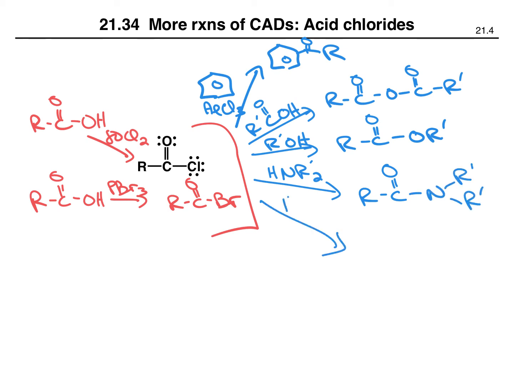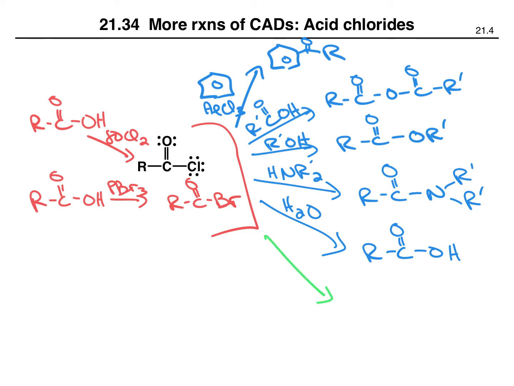These can be hydrolyzed to give a carboxylic acid. That's not synthetically useful since we just made this from a carboxylic acid. These are the different nucleophilic acyl substitution reactions to interconvert carboxylic acid derivatives, and we have hydrolysis to the carboxylic acid. But we still have a few other reactions.